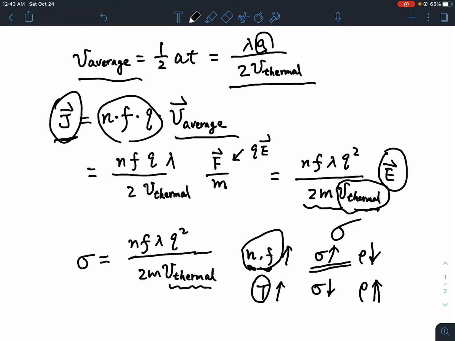So in other words, the work done by the electrical force is converted into heat, because electrons collide with the atoms and deposit energy there.